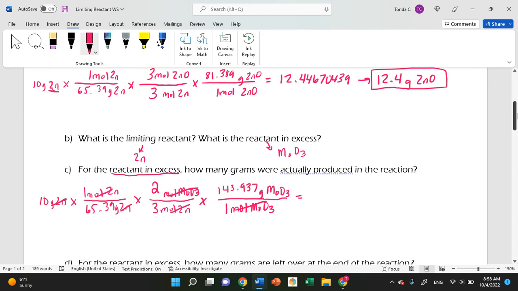When you go to solve this, you get 14.6747291. To round to the correct number of sig figs, because this is technically 10.0, this needs to round to 3 as well, 14.7 grams. Make sure you label it MoO3, and this was how much was used.